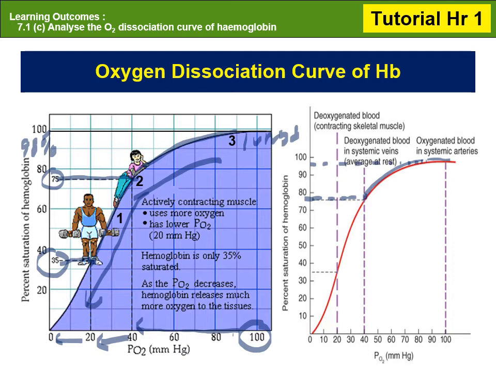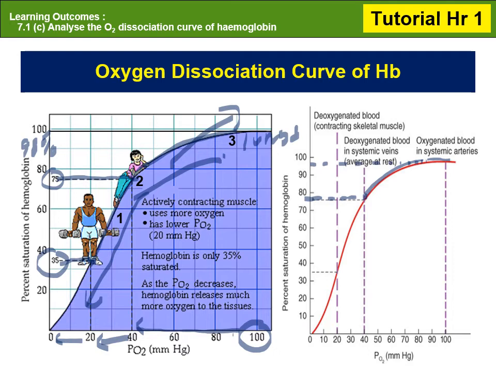Kalau the curve is displaced to the left, the more readily the hemoglobin picks up oxygen and the less readily it releases the oxygen.